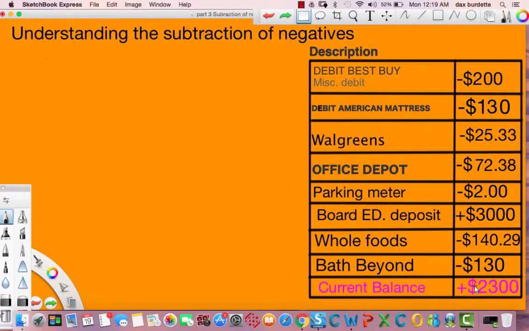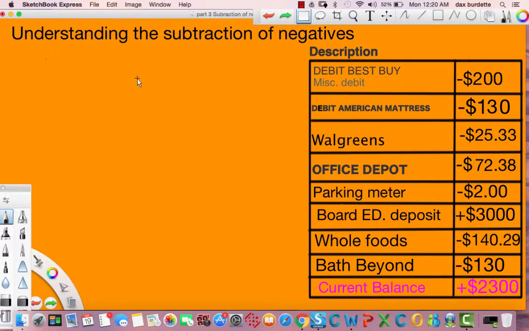We're just going to say I have $2,300 left after $200 was taken out, after $130, and after these others. And it's all coming out of that $3,000 there. If I didn't have that $3,000, it would be a negative balance, but I had more deposited than I had taken out.